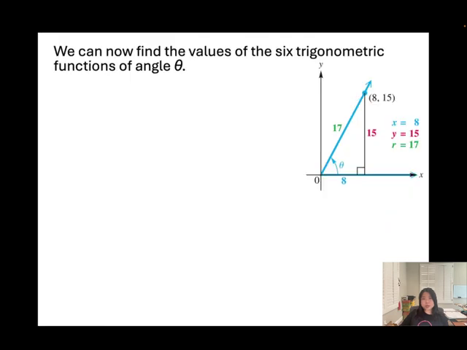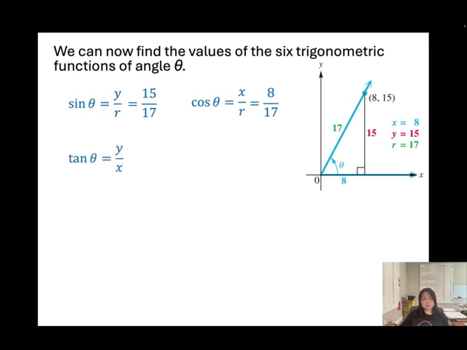Now we're going to find the values of the 6 trigonometric functions. First, sine theta is opposite over hypotenuse, so y over r, which is 15 over 17. Cosine theta is x over r, adjacent over hypotenuse, so that will be 8 over 17.